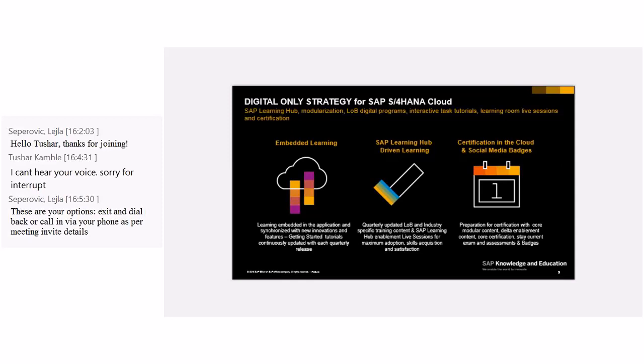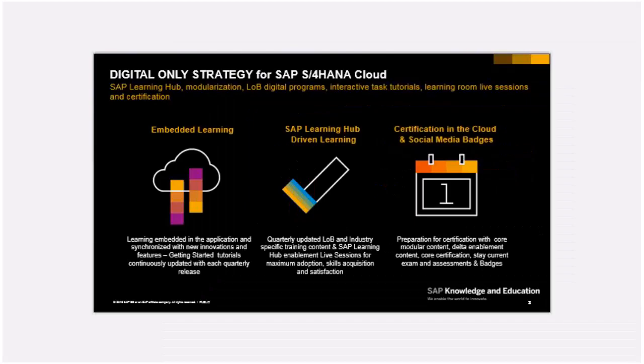In the Learning Hub itself, we have foundations content to get you started with SAP Activate and what it means for S/4HANA Cloud implementations, as well as currently five other LOB content areas: manufacturing, procurement, finance, and a few others. The end goal here is certification.